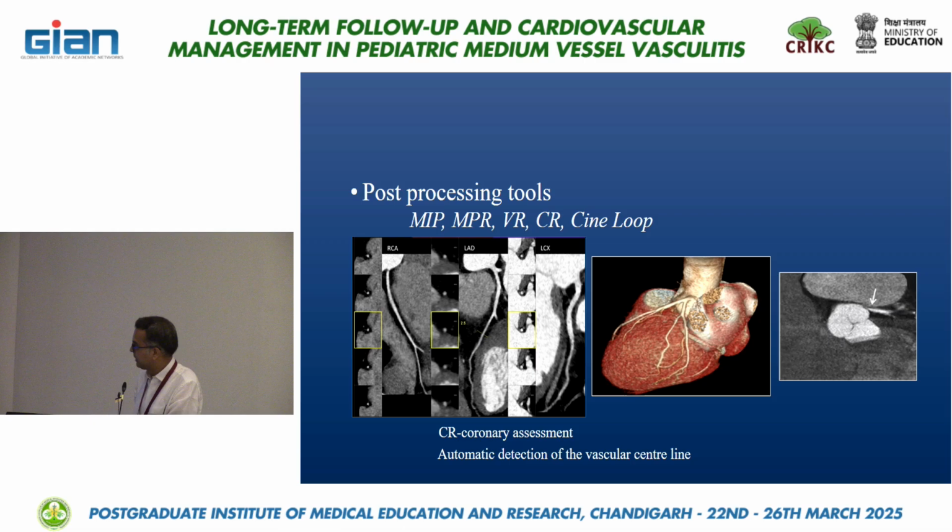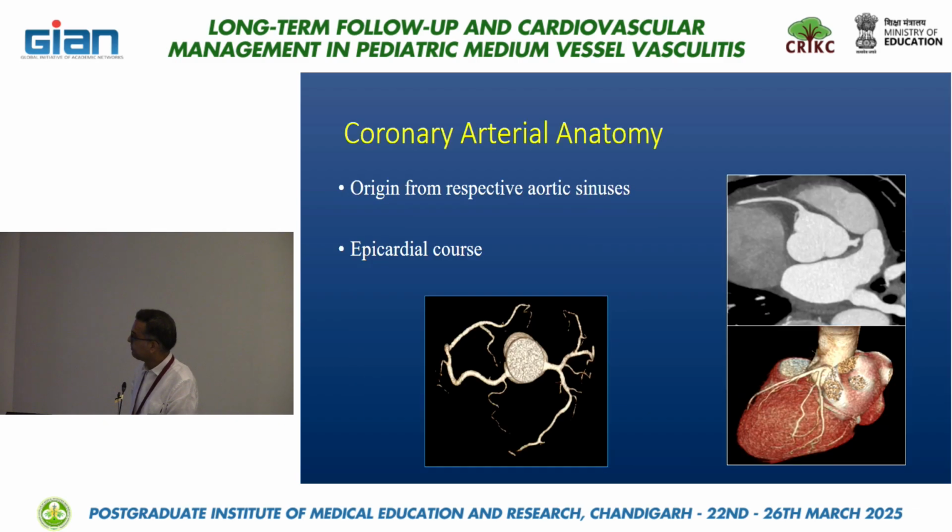For anatomy delineation, we can use these projections very nicely, as well as curved reformation, which can show the whole length of the coronary involvement in one plane in one image for all the coronaries.